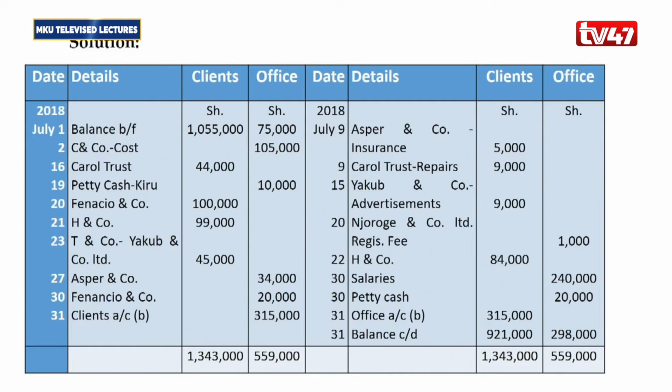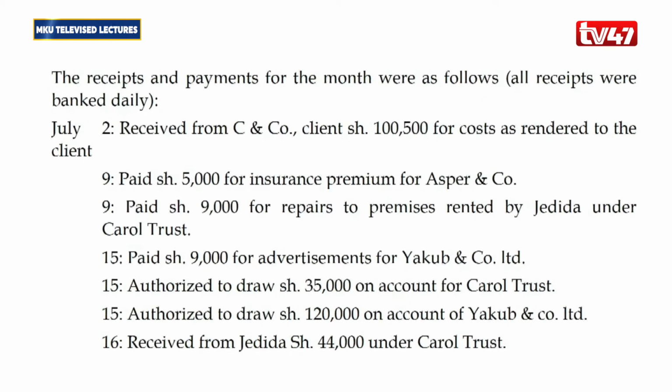So let's look at this first transaction. It says that we receive from CNC, which is a client, 100,500 shillings for costs rendered to this particular client. Of course, we'll go to the cash book. We will debit this particular cash book.